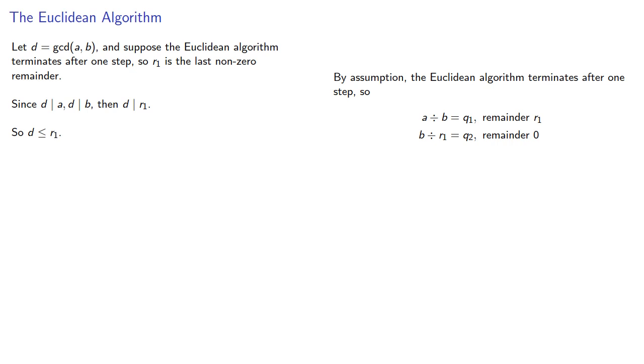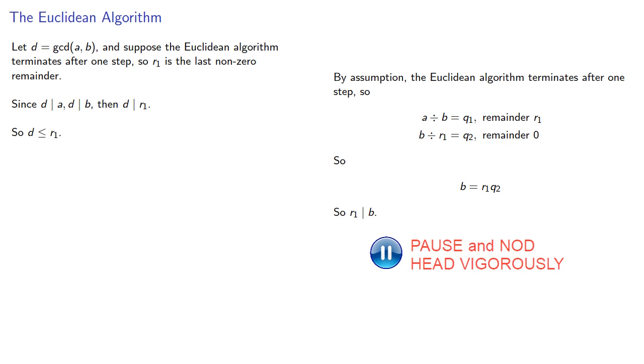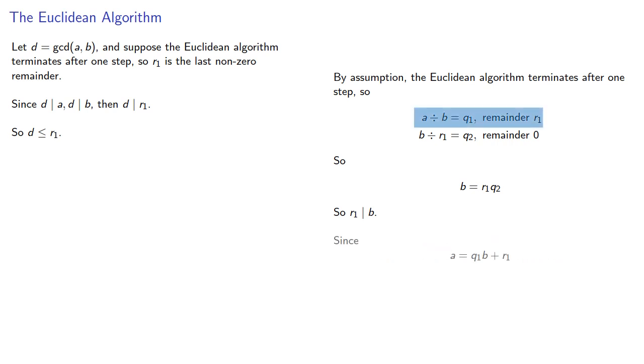But since B divided by R1 is Q2, then we know B is R1 Q2, so we know that R1 divides B. And since our first quotient gave us A equals Q1B plus R1, then we know that R1 has to divide A as well.